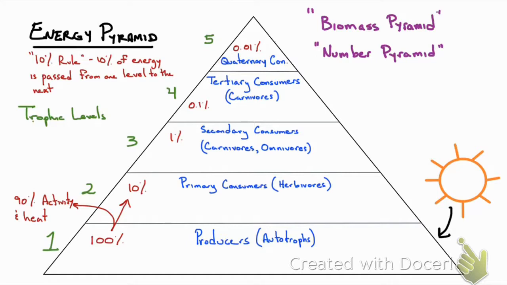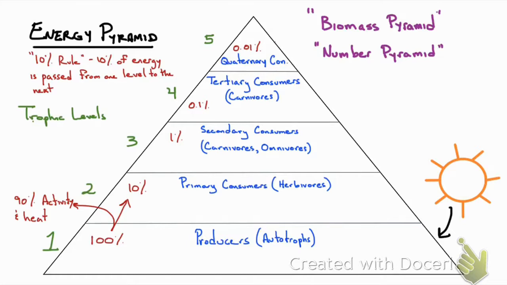So, for example, if we have 1 million producers, we might assume then that in the sense of numbers, we have 100,000 primary consumers, 10,000 secondary consumers, 1,000 tertiary consumers, and 100 quaternary consumers in this particular pyramid.